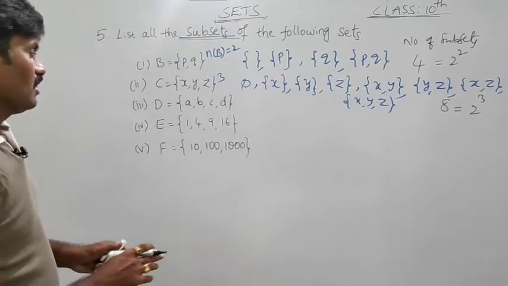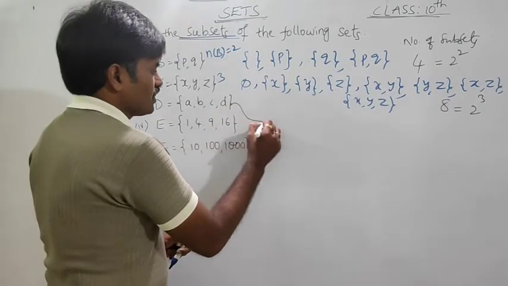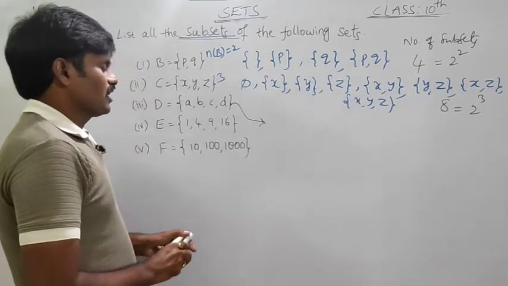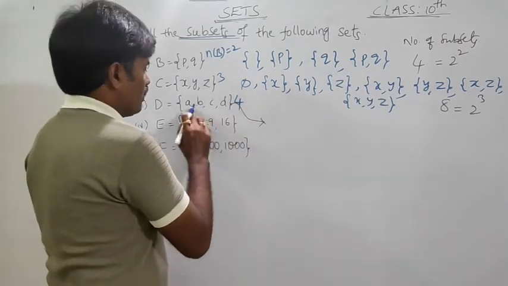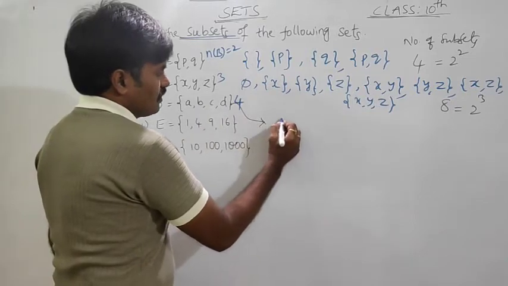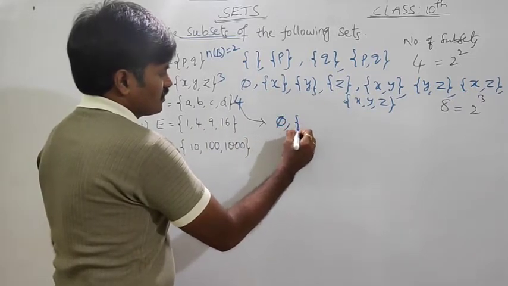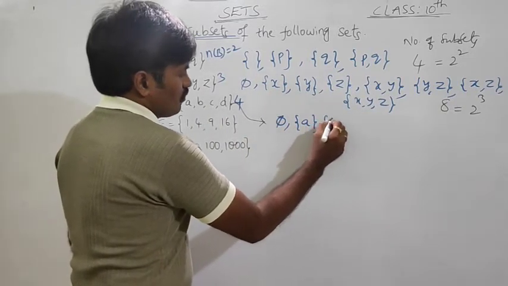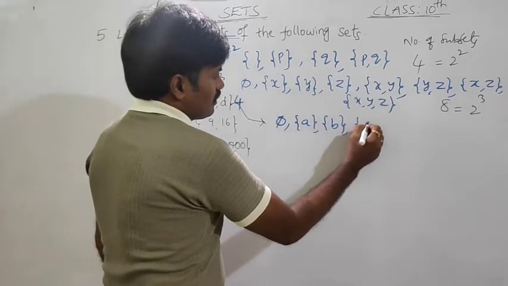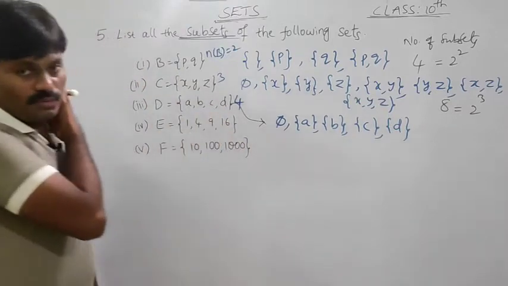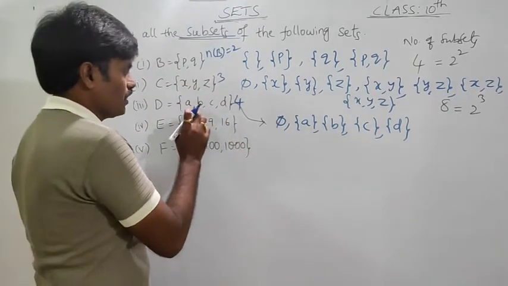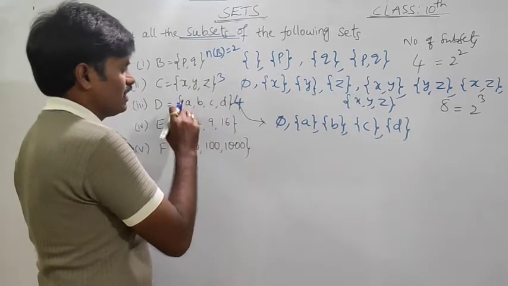Okay, let it be. Now take A, B, C, D. Here how many elements? 4 elements. Yes. Now write the subsets of set D. Yes, first the null set. Next, with 1 element write as many sets as possible. Here 4 are possible. Now take 2 elements like AB, BC, CD, DA.